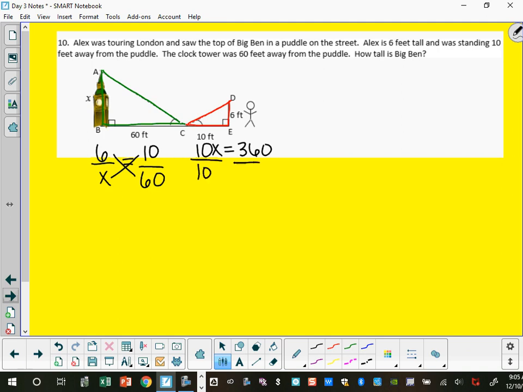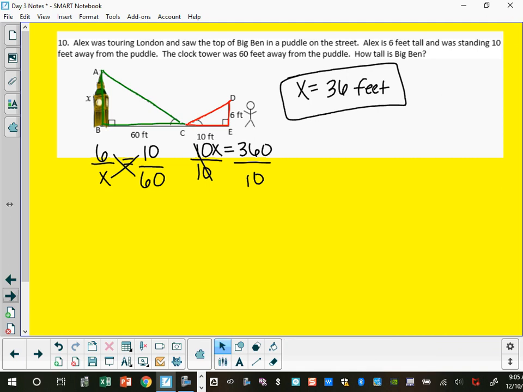Okay, so how tall is Big Ben? 36 feet. It's 36. Any questions here?